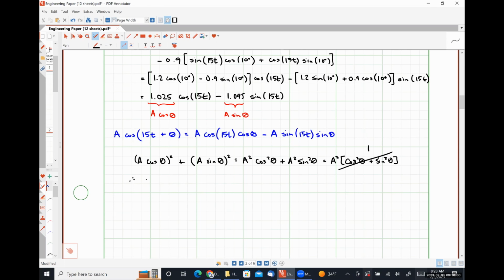So from that, we can say that our amplitude A is going to be the square root of A cosine theta squared plus A sine theta squared, or the square root of 1.025 squared plus 1.095 squared. Somebody throw that into your calculator. Tell me what we get.